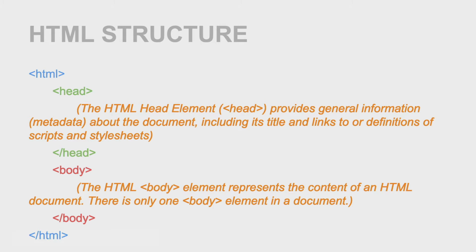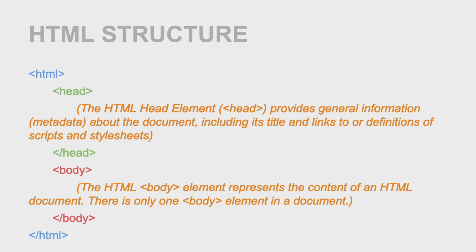Each element is made up of two tags, an open tag and a closing tag. And a closing tag is denoted by a /. So your opening tag is just HTML or head or body or div or whatever, and then your closing tag is /HTML, /head, or /body or whatever.